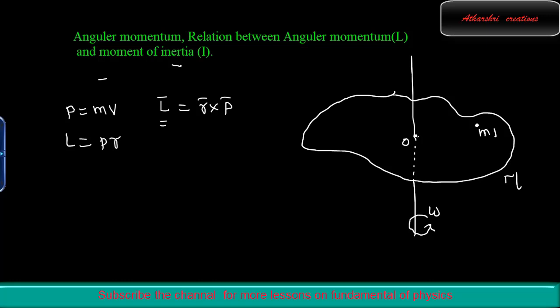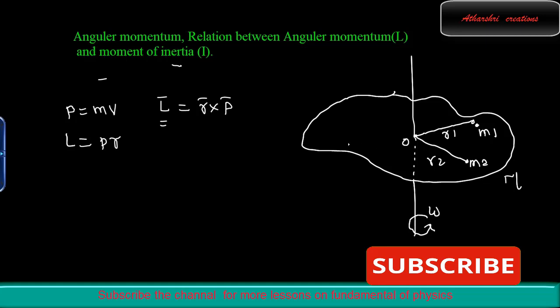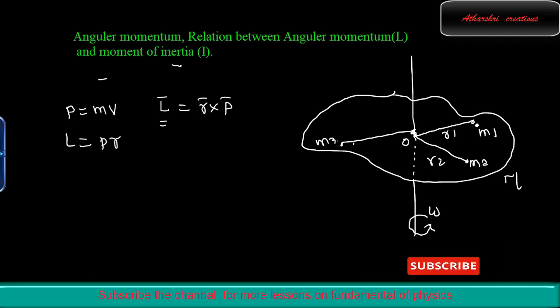First, m1, which is at a distance r1 from the axis of rotation. Second, m2 at a distance of r2. m3 at a distance of r3, and similarly the last particle mn, which is at a distance rn from the axis of rotation.